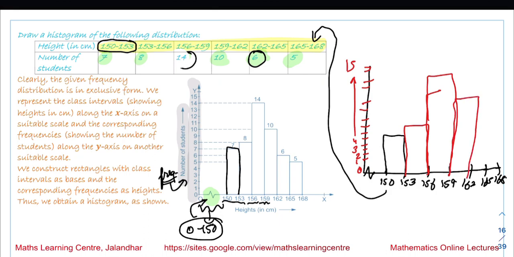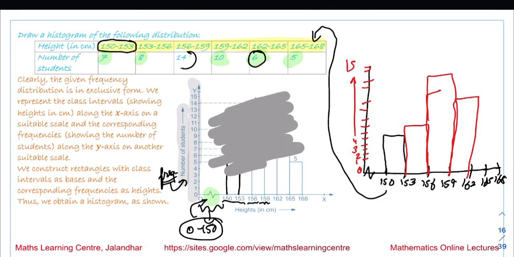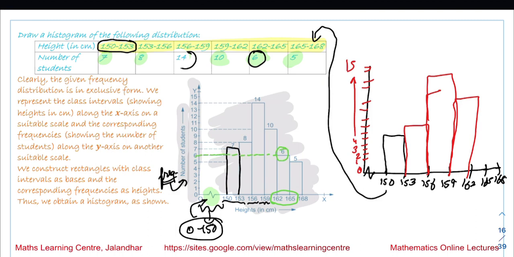This is shown in this figure over here, how we can draw all these frequencies 7, 8, 14, 10, 6 and 5. If I am asking how many students have height between 162 to 165, then we will join these 2 points and see how many students there are. There are 6 students. So this is what the histogram is representing.